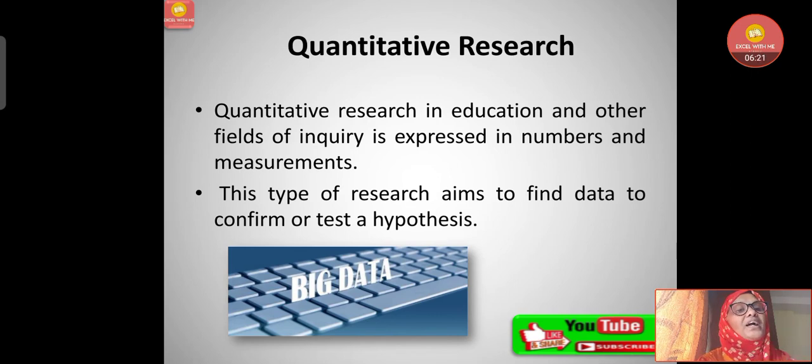Obviously, they will make a hypothesis, that is a tentative solution, then collect the data and match it with the hypothesis to see whether to accept or reject it. They will understand this through quantitative research. The aim is mainly to find data to confirm the hypothesis.